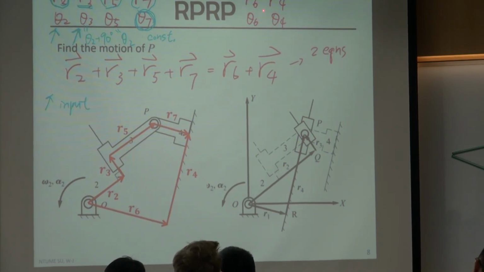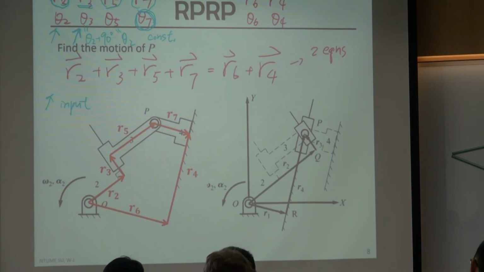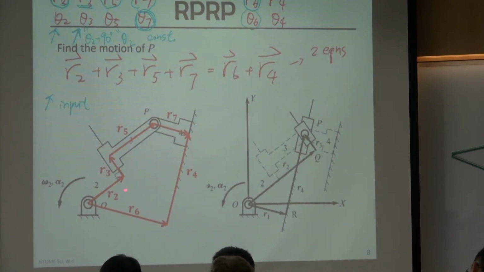And how about R6? R6 is pointing from ground to ground, so this one should be fixed. I define this one as from this ground point to another ground point. It's defined by me, and I say it's constant. I'm not going to change it when this linkage is operating.